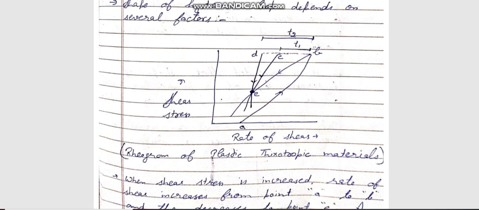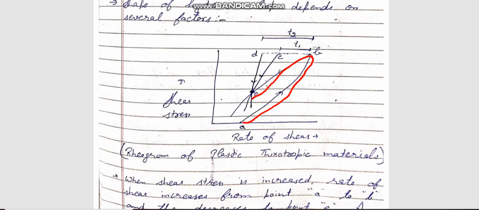First of all, we have to consider a graph which represents the rate of shear and the shear stress of a plastic thixotropic system. So in this case, if shear stress is increased from point A to B, then the up curve is obtained from A to B, and at point B, when the shear stress is removed, then a down curve will be obtained, and a hysteresis loop of A, B, E is achieved.